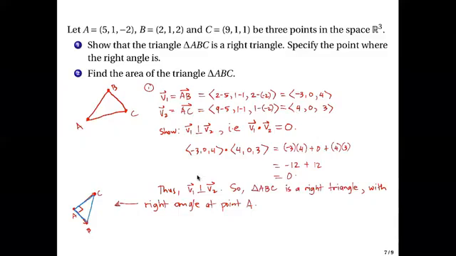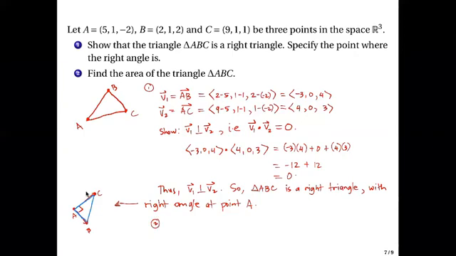The second way, you know, this is the base, this is the height. So multiply the length of this by the length of this, and then divide it by 2. Correct? So we can do that.